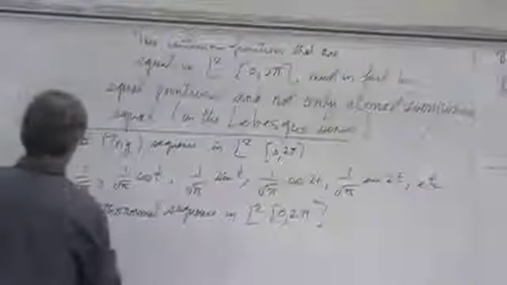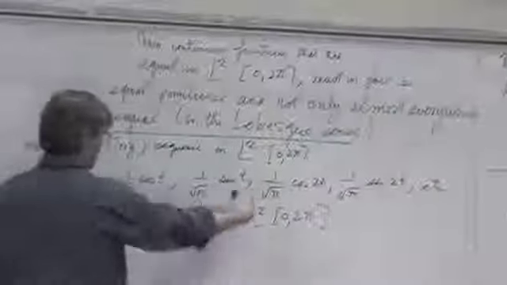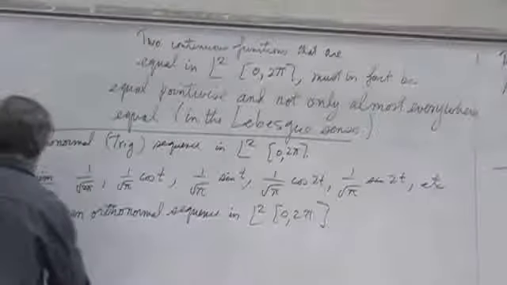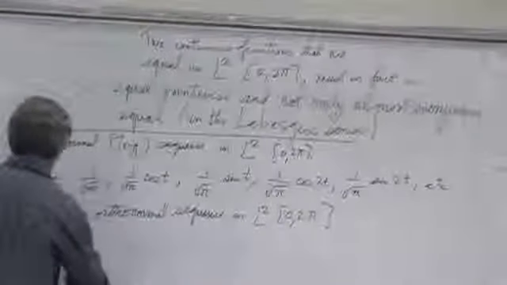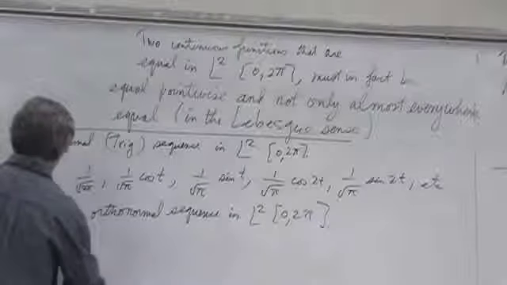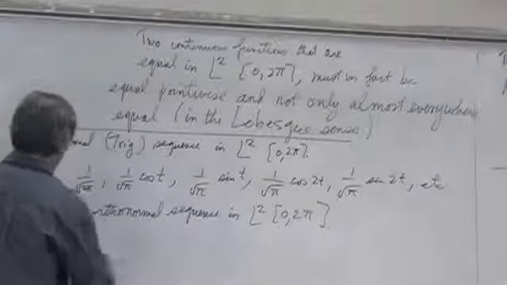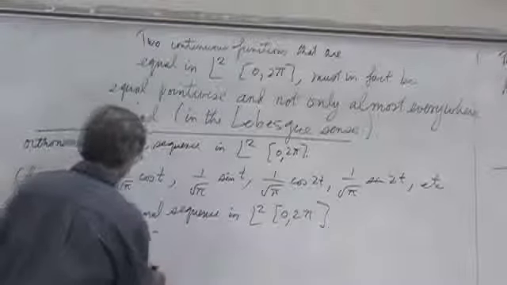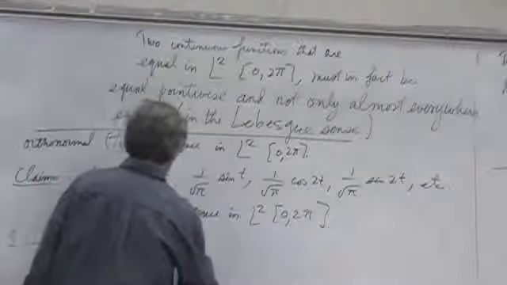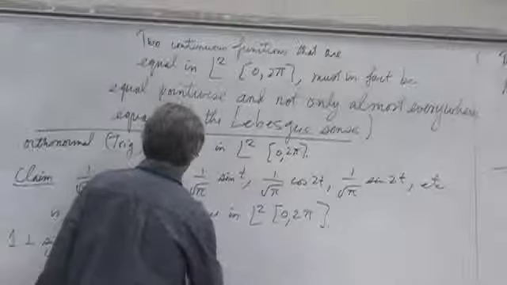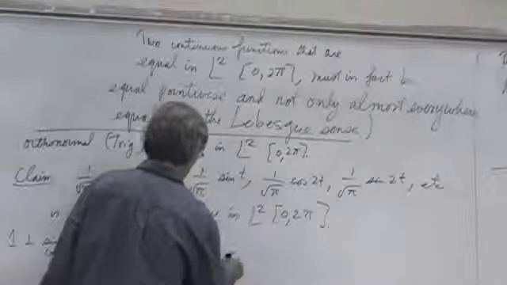Then you have, how do you know that the constant is orthogonal to all these other ones? 1 is perpendicular to sine kt and cosine kt for all k. How does that work out? You just have to integrate 0 to 2 pi sine kt or cosine kt, I'm going to do 2 at once, dt.